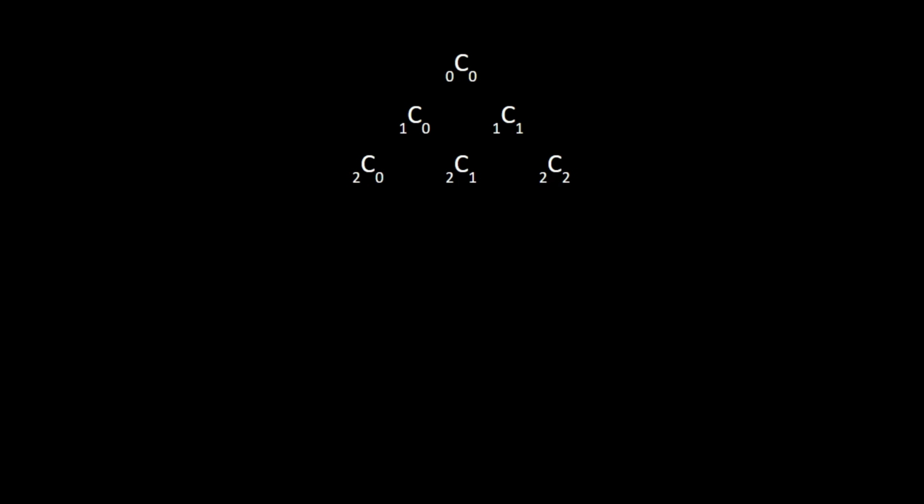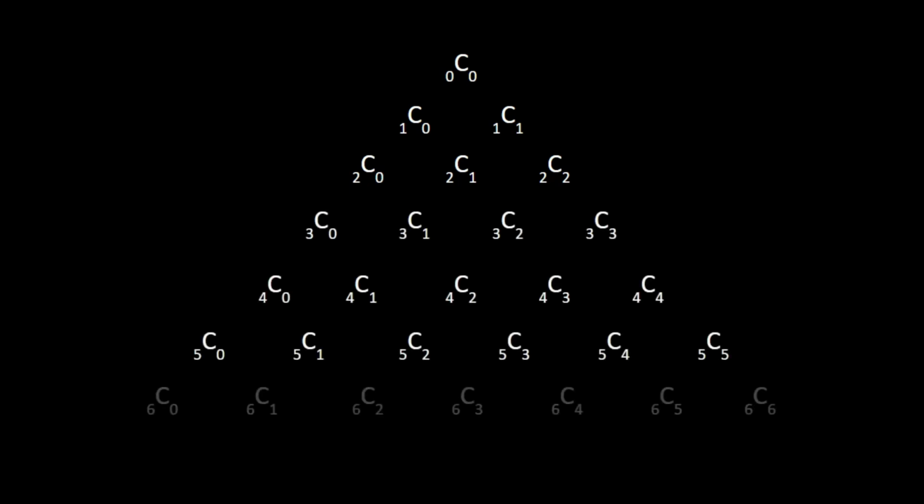So if you're interested in any combination, starting with 2, there's going to be 3 possible combinations: 2 choose 0, 2 choose 1, or 2 choose 2, and of course that gives you 1, 2, 1, the third physical row in Pascal's triangle, but what we should start to call the second row of Pascal's triangle. And we can fill in at least the first few rows here.